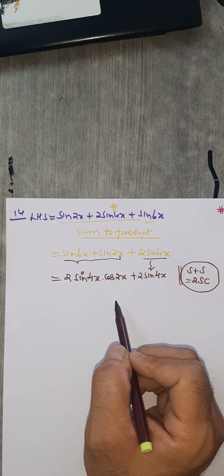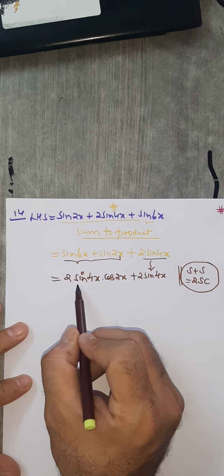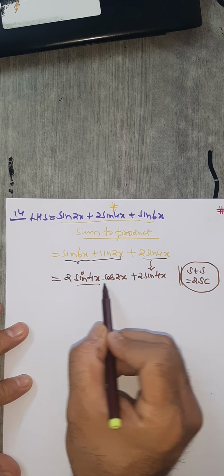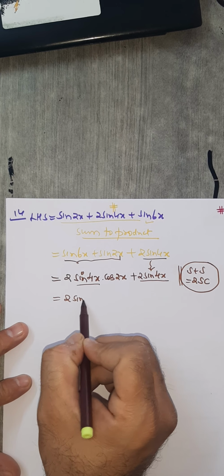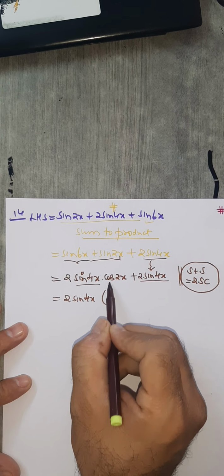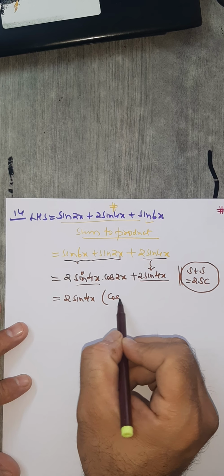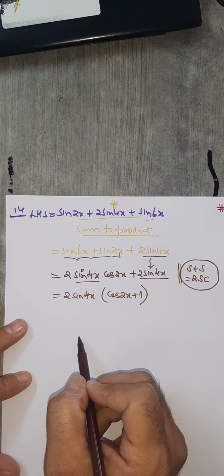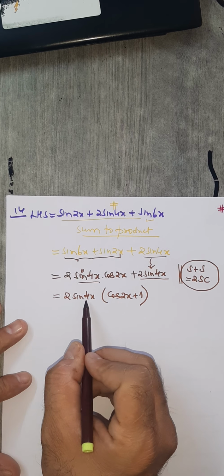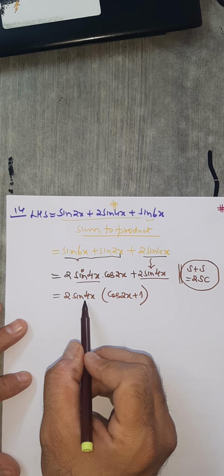Now here, what you can do is take sine 4x common, just with 2. So I'm taking 2 sine 4x common. So inside the bracket I'm getting cos 2x plus 1. Now this much I obtained, 2 sine 4x, I obtained on the right hand side, you see.